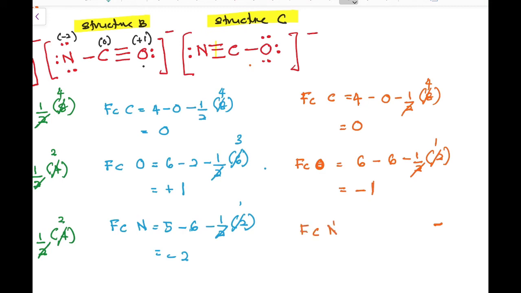Formal charge for nitrogen, 5 minus 2 minus half times 6, equals 0. Okay, now we put the values. Carbon 0, oxygen negative 1, nitrogen 0. Okay, now let's look at these 3 examples.